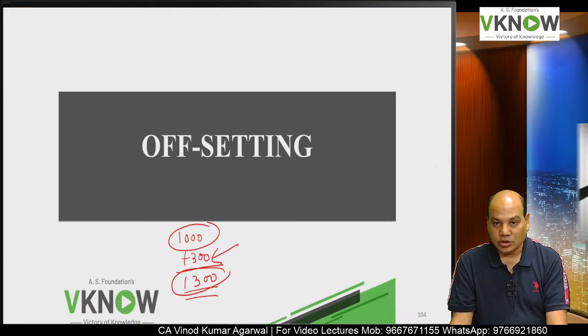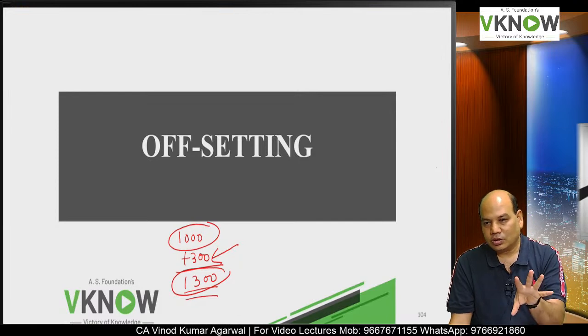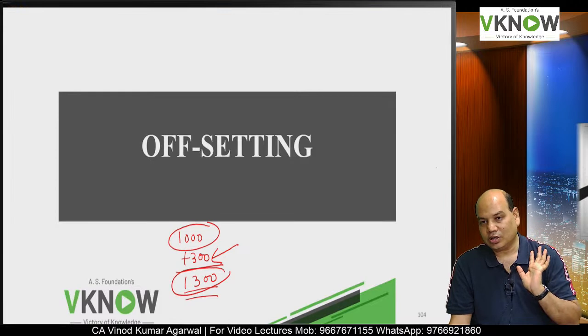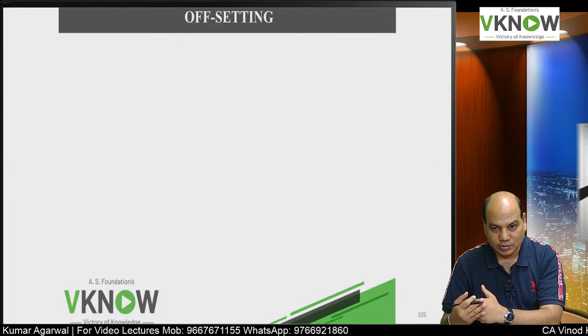So one has to be very careful about netting of items in the balance sheet and P&L account, because one has to see whether separate information is more useful or netting off can be more useful. Sometimes netting is allowed by the standard, like deferred tax asset and liability.